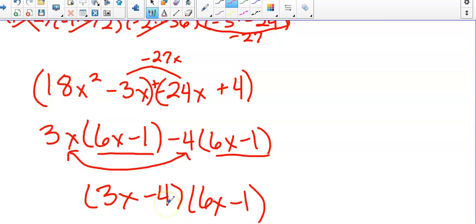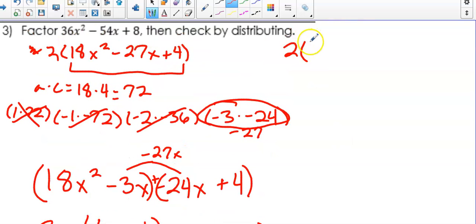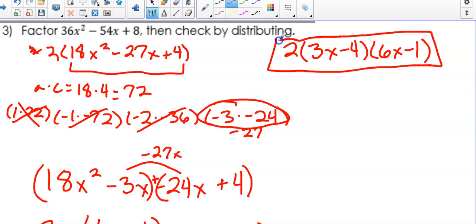Now we're not exactly done. There was one thing that we had to remember from the beginning. We said there was this 2 up here that we had to remember. So I'm going to bring that back. So 2 times the quantity of 3x minus 4 times the quantity of 6x minus 1. Again, if you want to check your work, distribute these out. Save the 2 for last.